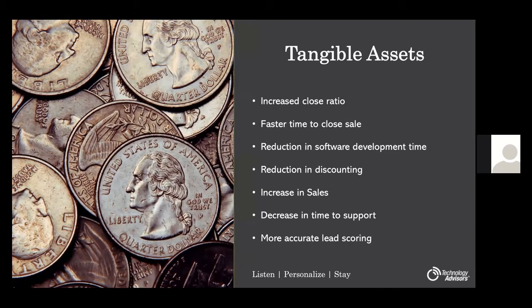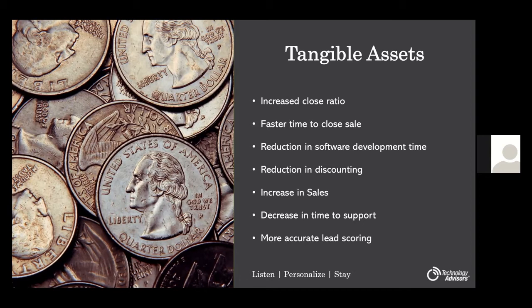So tangible things, tangible assets or tangible features. The first one we're going to talk about is increasing close ratios. So the time it takes to close an opportunity, if I can shorten that time, I can calculate how much additional sales we'll have because we're having sales happen faster.